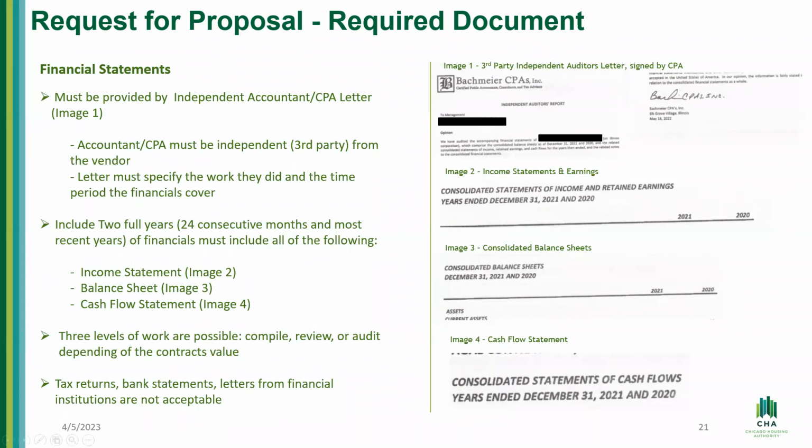For example, up to 2,500,000, you would need to provide compiled financial statements. If it is between 2,500,000 and 10 million, you will need to provide reviewed financial statements. If the award's value is in excess of 10 million, you will need to provide audited financial statements.